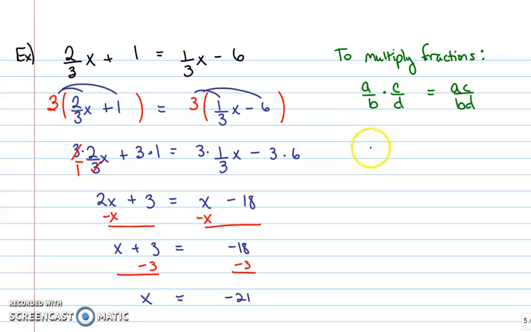So if you have the number 4 times 3/8, well, that's equivalent to saying 4 over 1 times 3 over 8. And I like to reduce before I multiply. So I know that 4 and 8 will reduce to give me 1/2. And then you can multiply. 1 times 3 will give you 3. And 1 times 2 will give you 2. So remember to multiply top by top, bottom by bottom. Just a quick review of fractions.